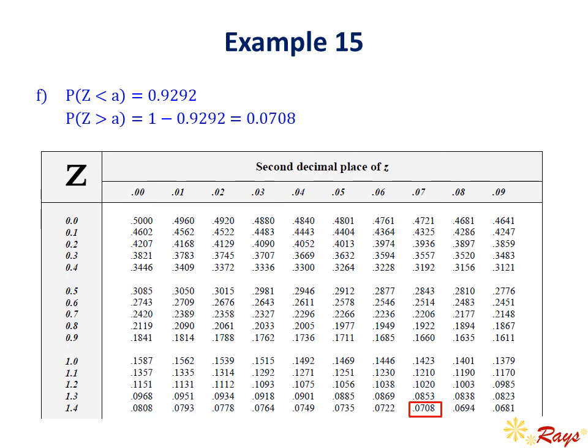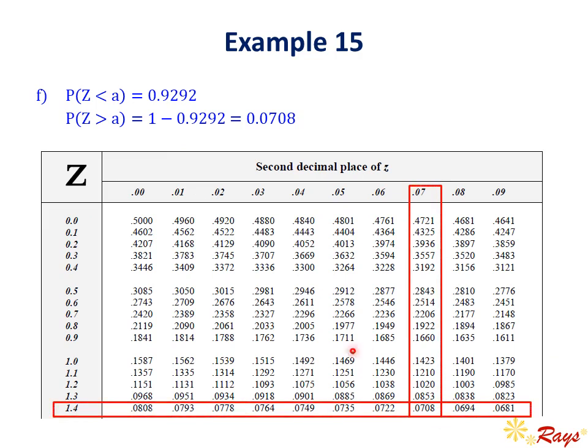So the probability is somewhere here, this one. And the value of Z, or the value of A, is 1.47, and it is positive because it is on the right tail area. So therefore, A is equal to 1.47.